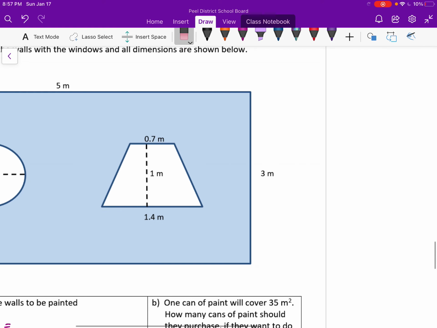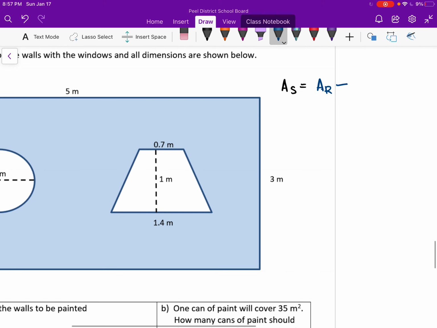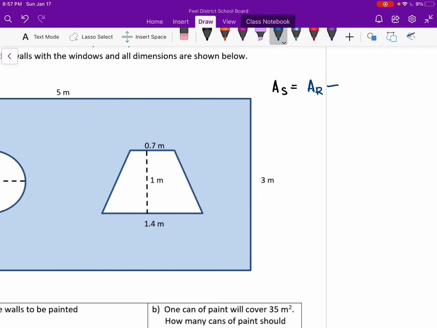So let's say the area shaded is equal to the area of the rectangle minus these cutouts, right? You want to get rid of the cutouts because the windows don't need to be painted. So the area of the circle, let's make that orange, and then the area of the trapezoid, we'll make red.